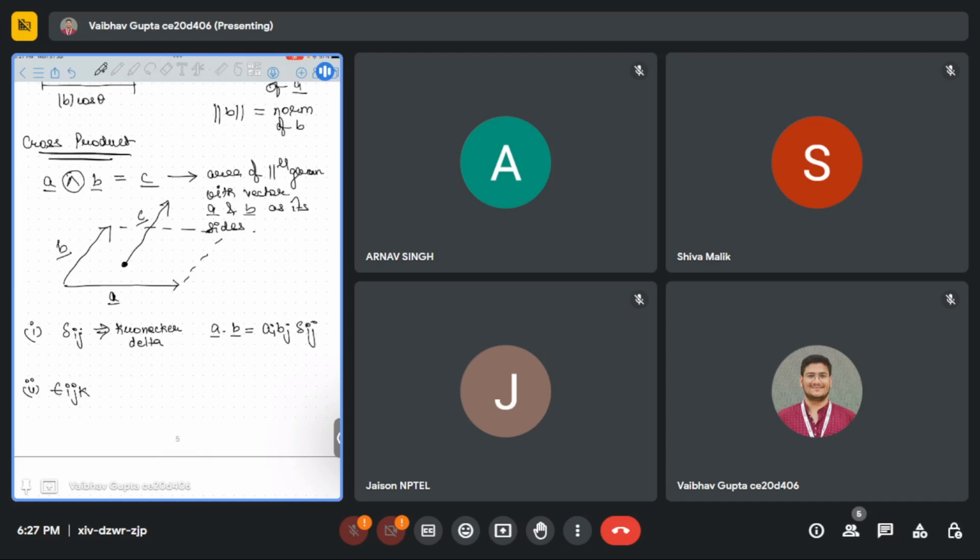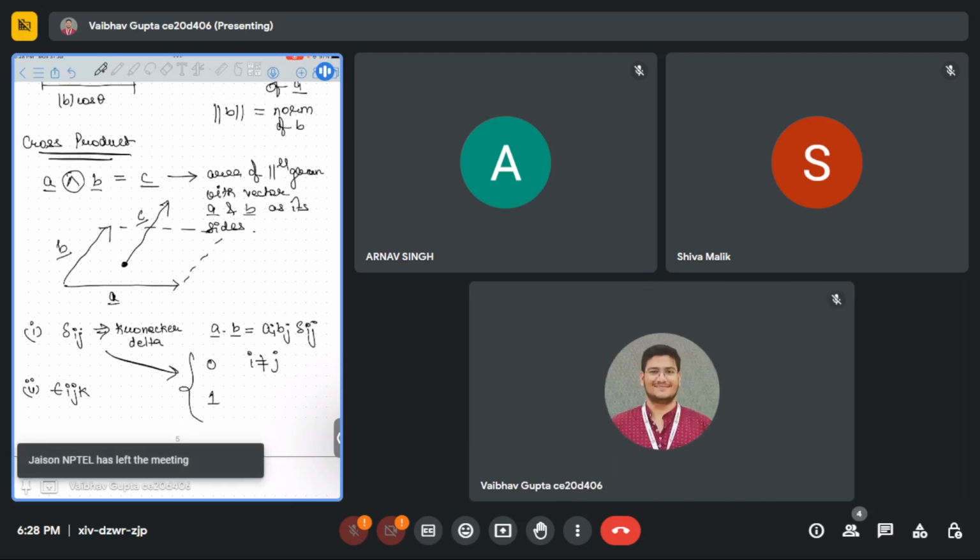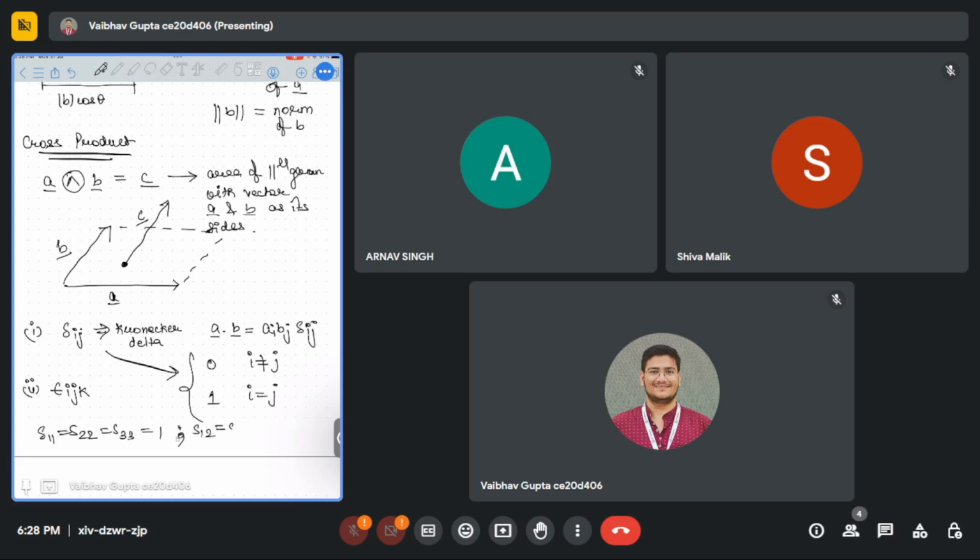It will be equal to 0 when i is not equal to j, and it will be equal to 1 when i is equal to j. So delta 1 1 equals delta 2 2 equals delta 3 3 equals 1, whereas delta 1 2, delta 2 1, delta 3 1, delta 1 3, delta 2 3, delta 3 2 are all equal to 0.